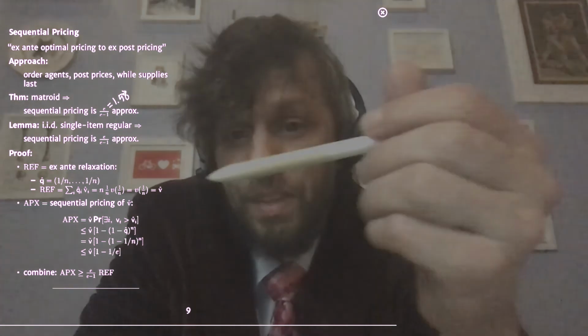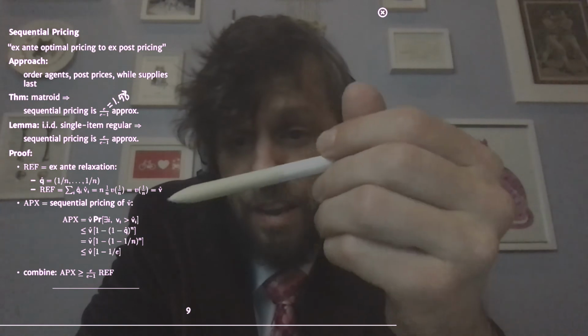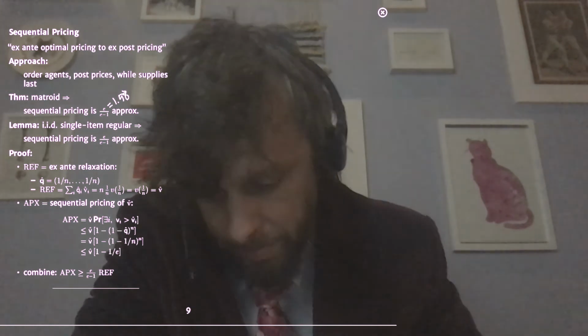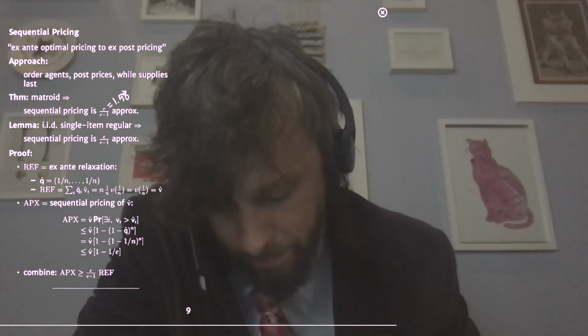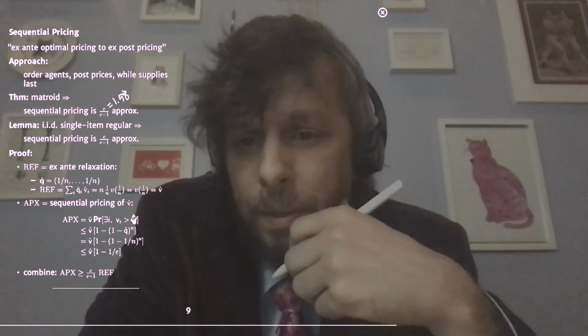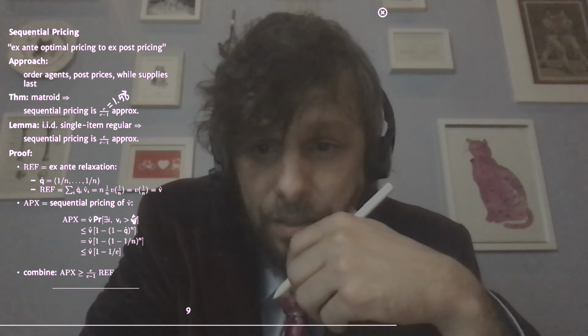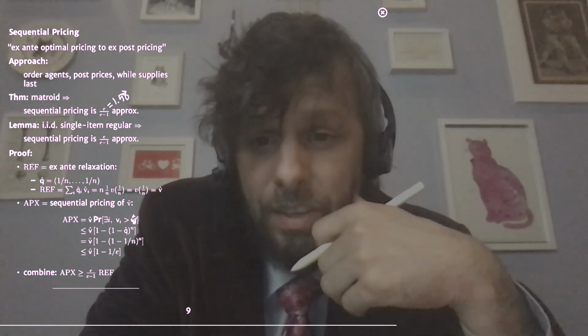It sells when there exists an agent whose value is at least v hat. Great, so what is the probability that there exists an agent with value at least v hat? Well, it's 1 minus the probability there doesn't exist such an agent. So it's 1 minus the probability all of the agents have value below v hat. Okay, and q hat is the probability they're above v hat. 1 minus q hat is the probability they're below.